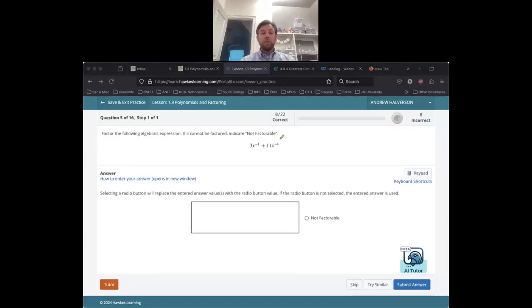Is this one factorable or is it not? Can it be factored? The answer is no, because only polynomials can be factored. Only polynomials. Are these polynomials? Is this a polynomial here?